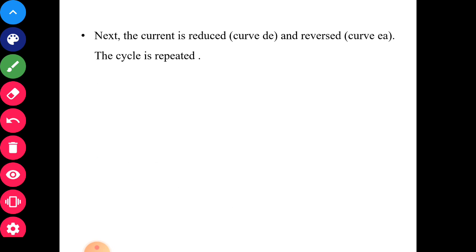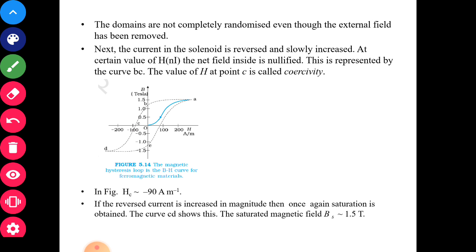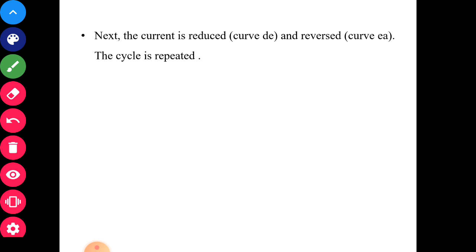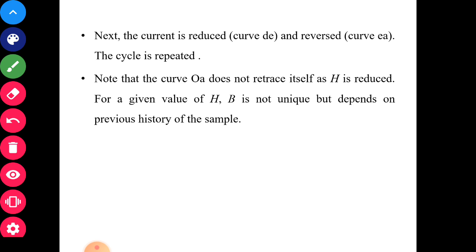Next the current is reduced, and the curve DE that I have shown is obtained. The battery is reversed, then reverse current again, then the curve EA is obtained and the cycle is repeated. Note that the curve OA does not retrace itself as H is reduced.